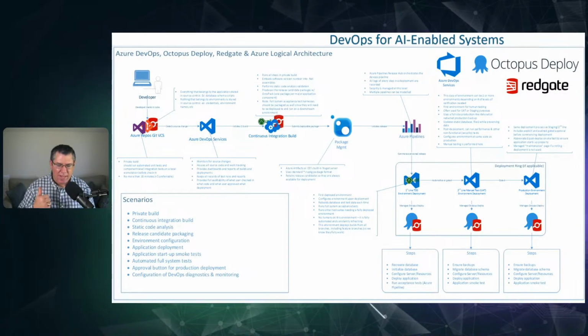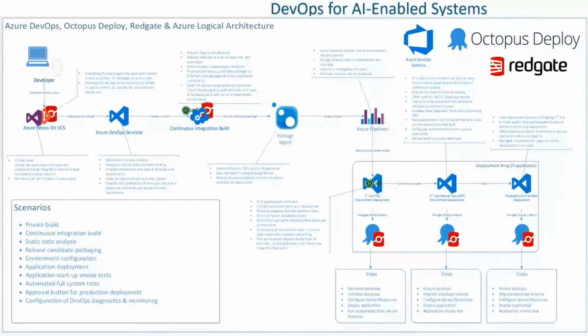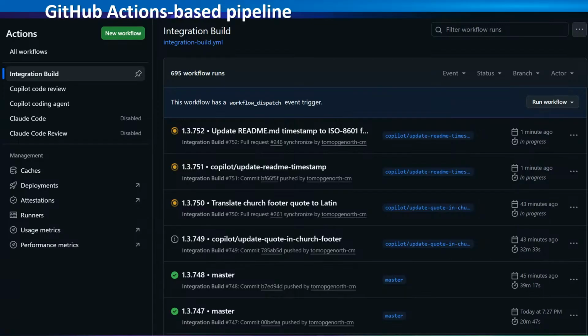But you'll see that we have a private build, we have an integration build, and we have our automatic first deployment of our software to a test automation environment using Octopus Deploy, and then using GitHub Actions to run full system acceptance tests.